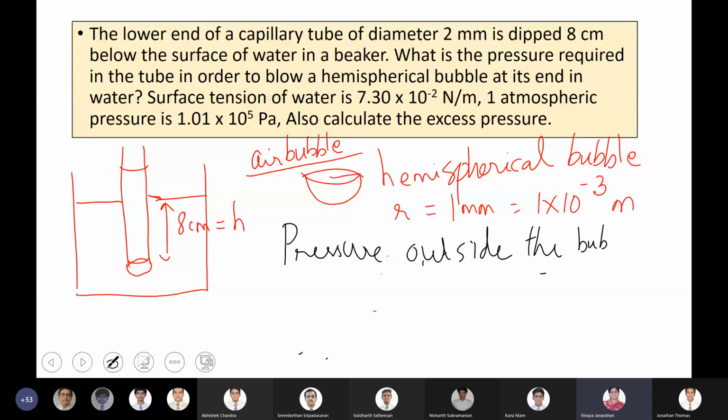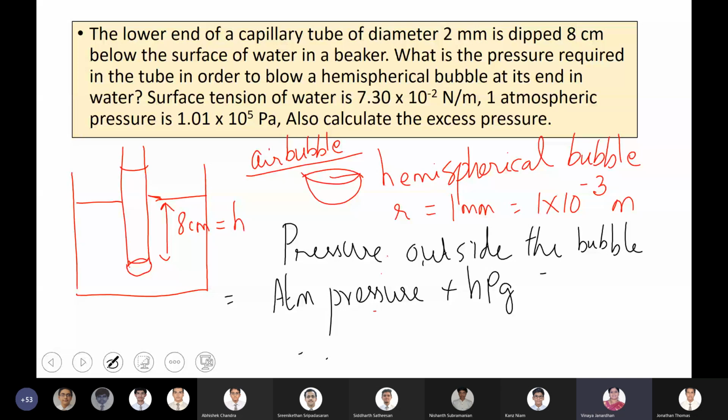The pressure outside the bubble will be atmospheric pressure plus the pressure exerted by the height h, here 8 centimeter of the liquid column. Can you find this right now? This is the first part of the question. Find this, boys, the pressure outside the bubble.